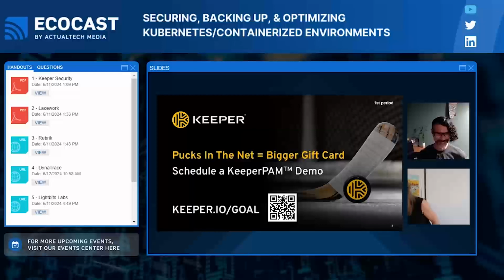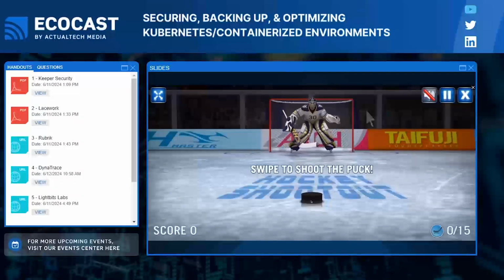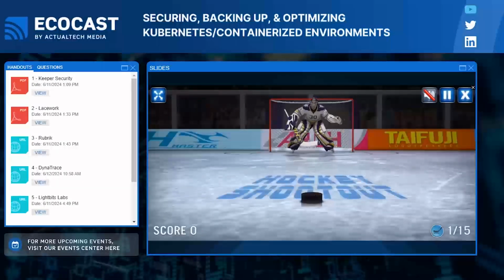All right. Well, since we're playing some digital hockey, I need to be able to see here. So let's get this hockey screen up and going. We'll give it a little test run. All right. So here's how this goes. I'm going to shoot at the net. Every puck that I get in, you guys all get $10 added onto your gift card. Are you ready? Let's do this. All right. I'm going to go right. Oh! Stupid goalie. Okay. Let's try that one. Swipe. This game is harder than I thought. Swipe.